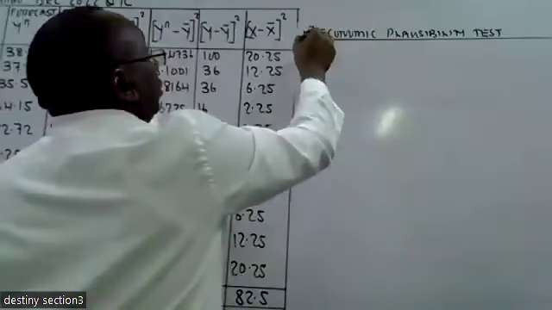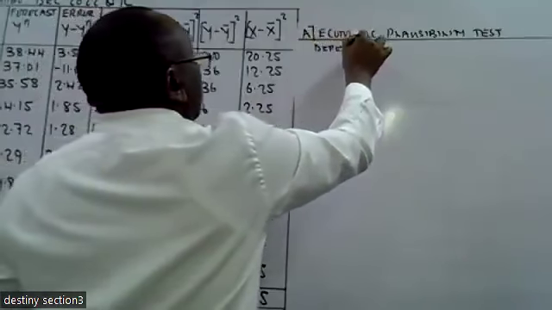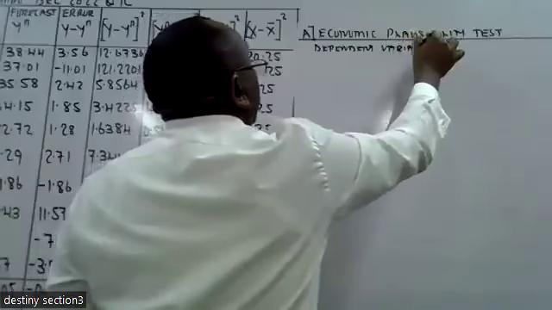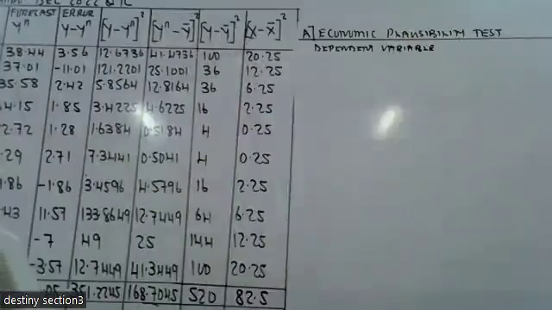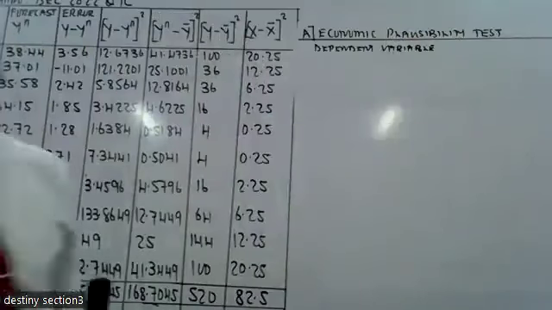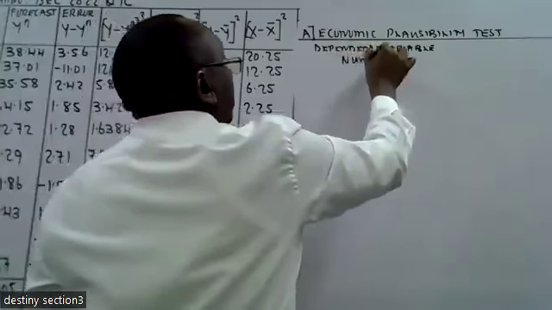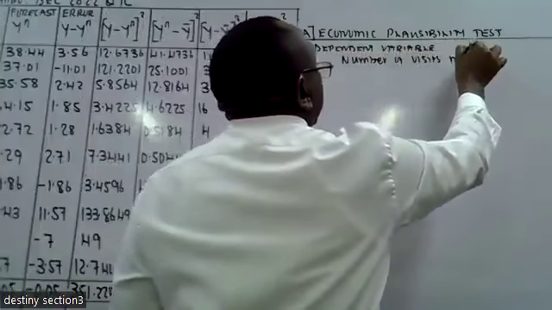Here you can have the dependent variable. You can put it down like this: dependent variable, which we are calling the number of visits made.